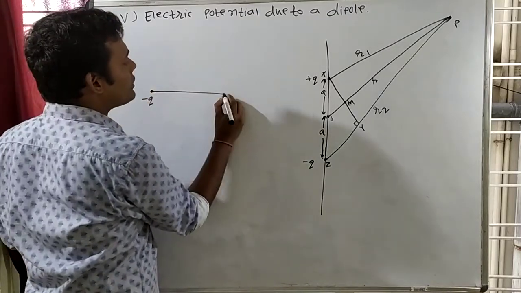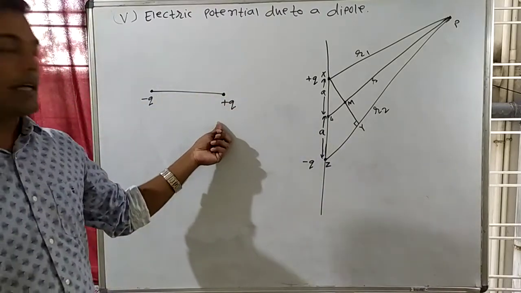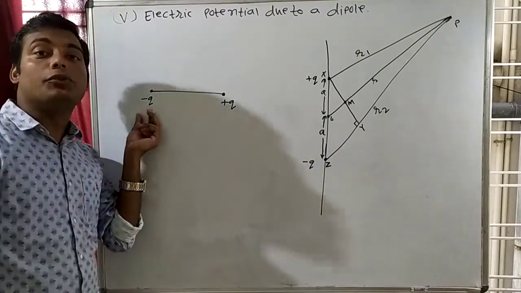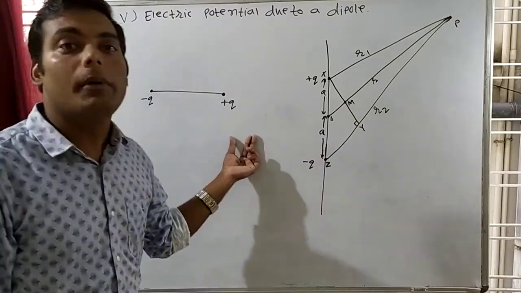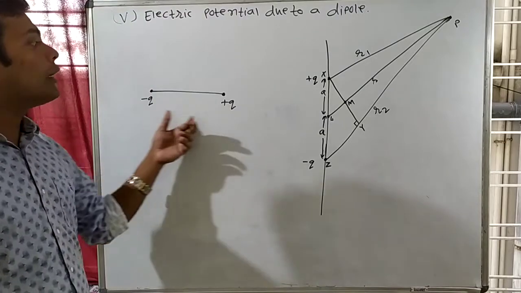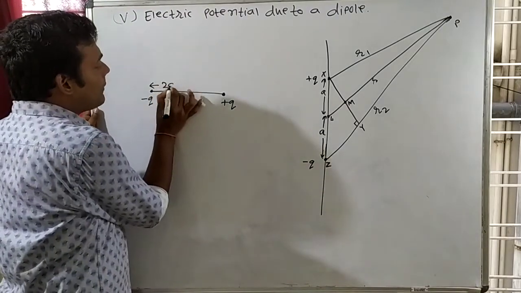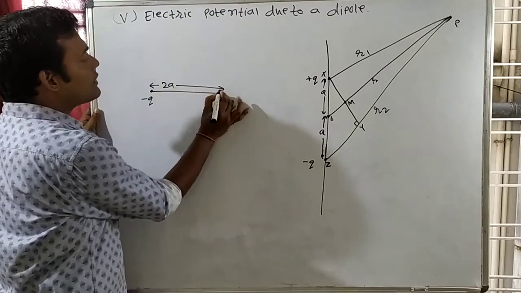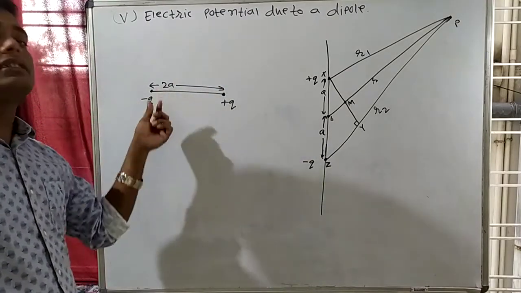Suppose this is minus q charge, this is plus q charge. So two equal and opposite charges. For example, if this is minus 2 coulomb, this will be plus 2 coulomb. If this is minus 5 coulomb, this will be plus 5 coulomb. So these are two equal and opposite charges separated by a certain distance. Let's say both are separated by a distance of 2a. This is the standard distance.